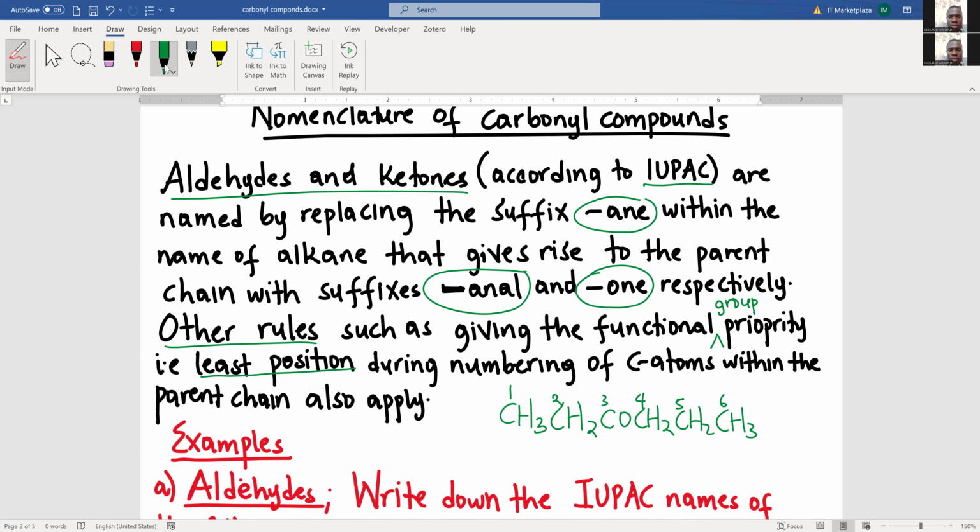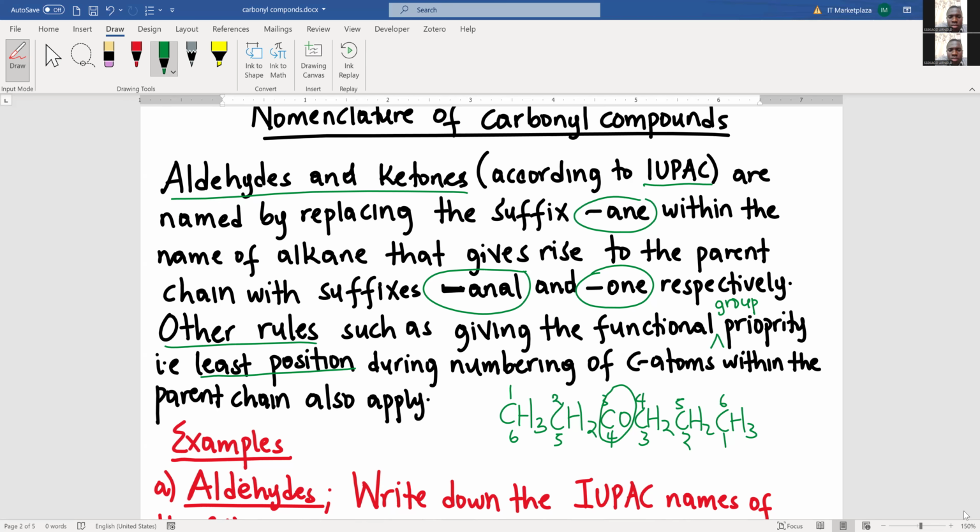Then also from the right-hand side to the left-hand side, you have 1, 2, 3, 4, 5, 6. I do that to ensure that the carbon carrying the oxygen, the carbonyl carbon, occupies the least position. So we now look at examples.